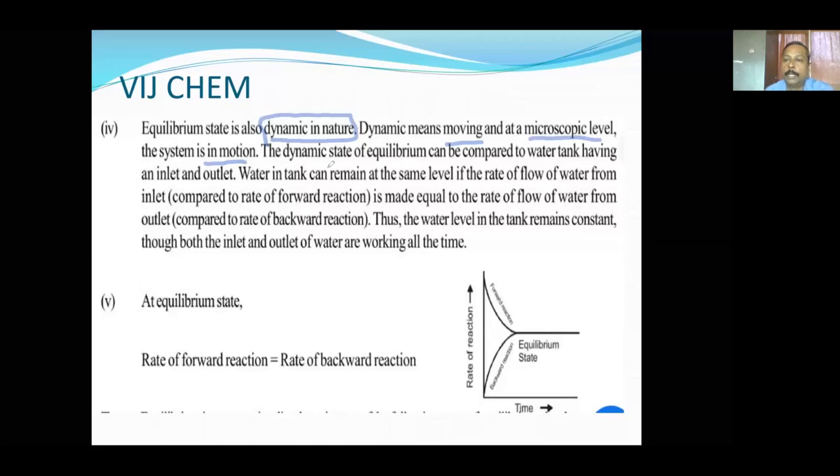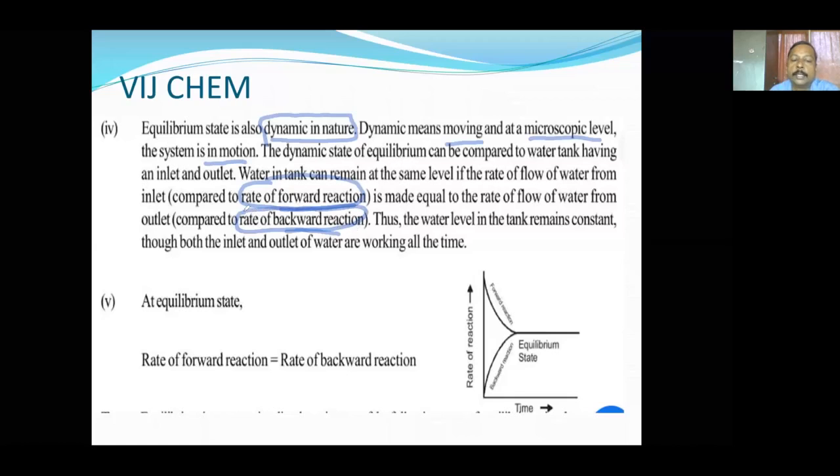Same is the case with equilibrium. The reaction appears to have stopped, but internally both the forward reaction and the backward reaction are taking place. But why don't we notice it? Because both are occurring at the same speed, so the net speed is zero.